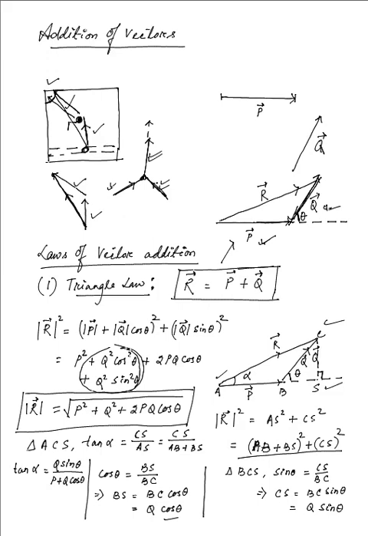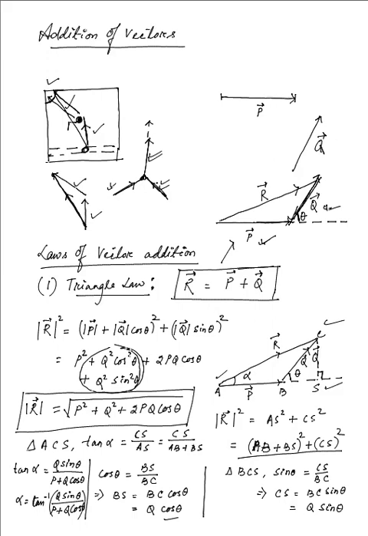Now with this entire term over there, we have the value of alpha as tan inverse of Q sine theta divided by P plus Q cos theta. Now if you just take a look at it, I can write it once again over here.